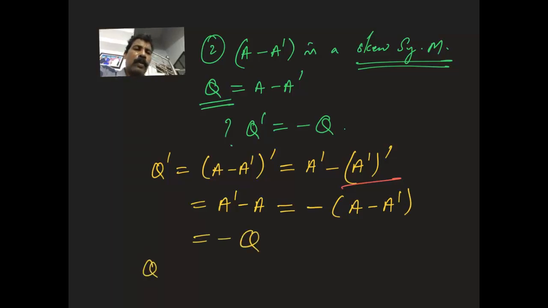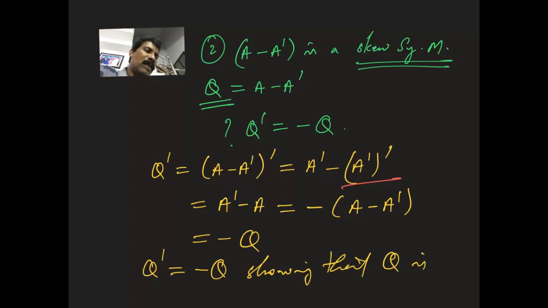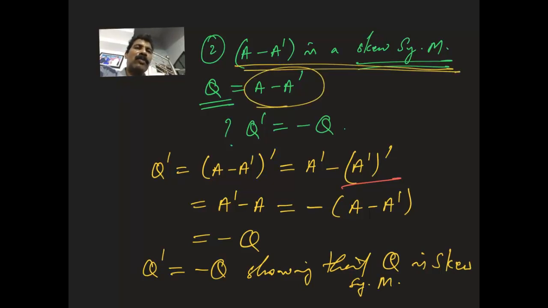So we could prove that Q dash is equal to negative Q, showing that Q is a skew symmetric matrix. And what is Q? Q is nothing but A minus A dash. That is, A minus A dash is a skew symmetric matrix. That's all. We shall learn another theorem.